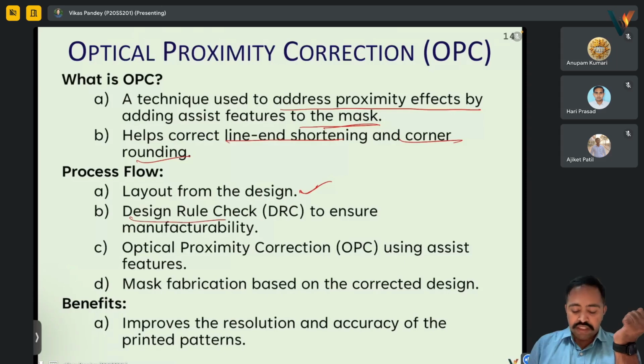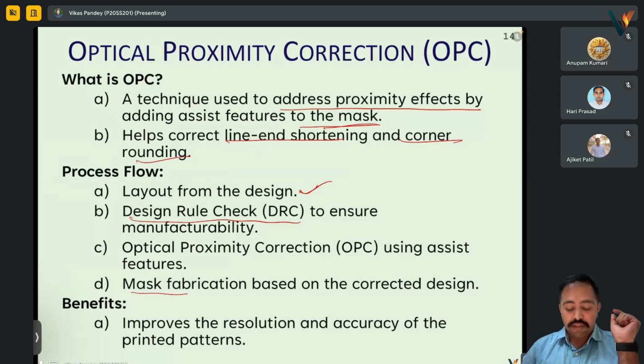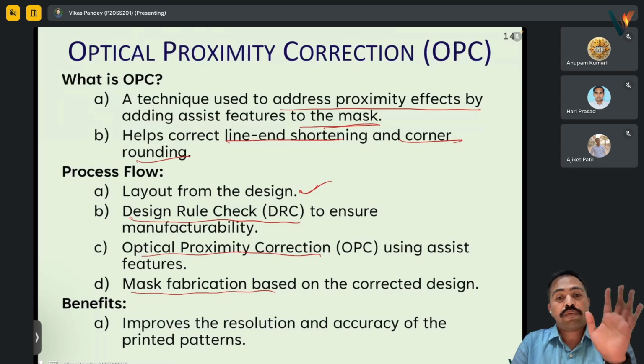First, design rule checks will be done to see whether it is actually manufacturable or not. Then some optical proximity corrections will be done in the design, and then the mask will be fabricated using that optical proximity correction. How it is done, we will see. And this improves the resolution and accuracy of the printed patterns.